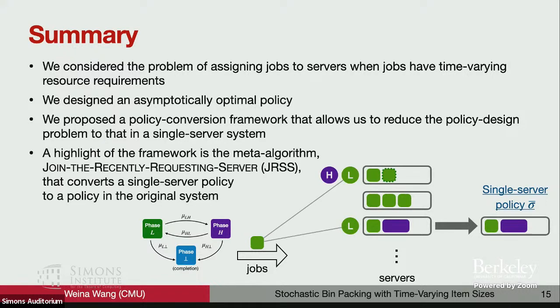One direction of the conversion, which I highlighted in the talk, is our meta algorithm, join the recently requesting server. It works for any policy, even if your policy is suboptimal, so it gives you a performance guarantee. So that's all. Any more questions?